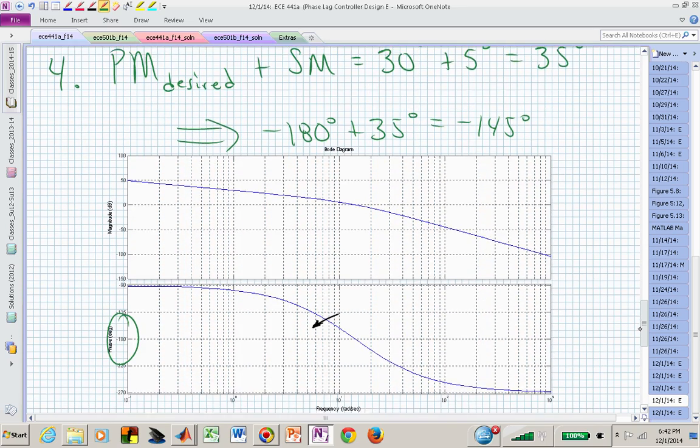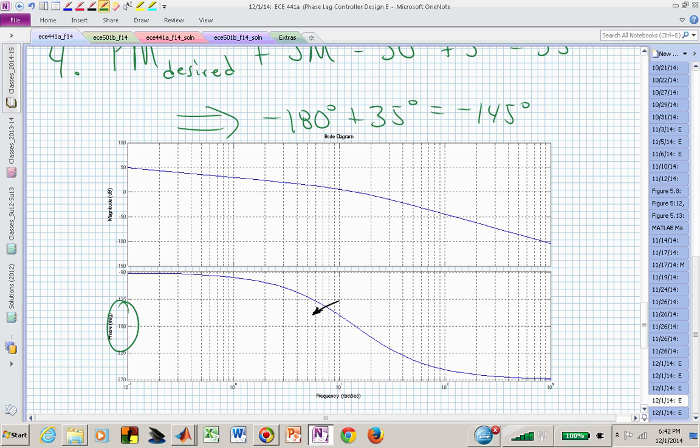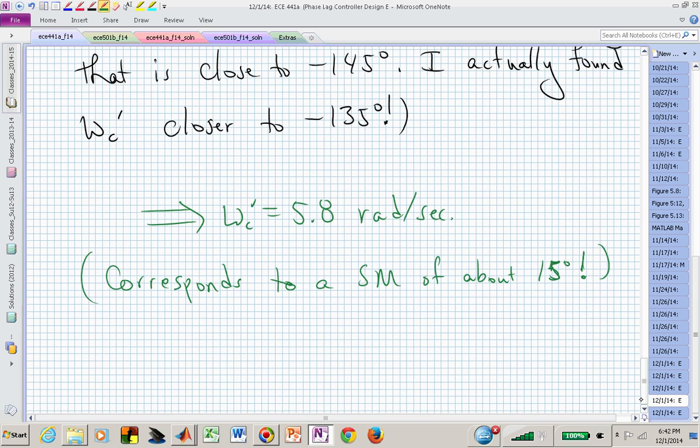allow my phase curve to be near this minus 135. What I now want to do is locate my zero a decade to the left, or lower than that new gain crossover frequency.